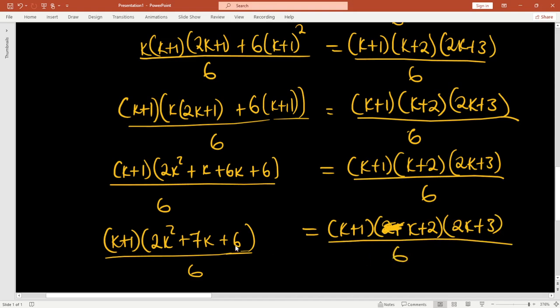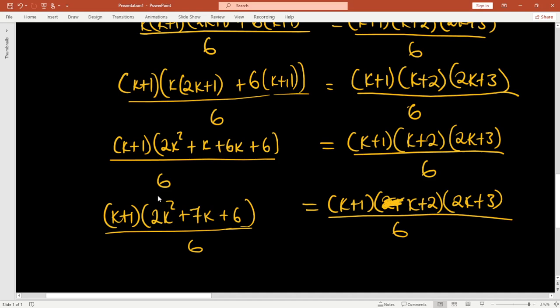Now this is a quadratic expression. Our product for that quadratic is 12, and the sum is 7. So two numbers that multiply to get 12 are 3 and 4. We add, we get 7.